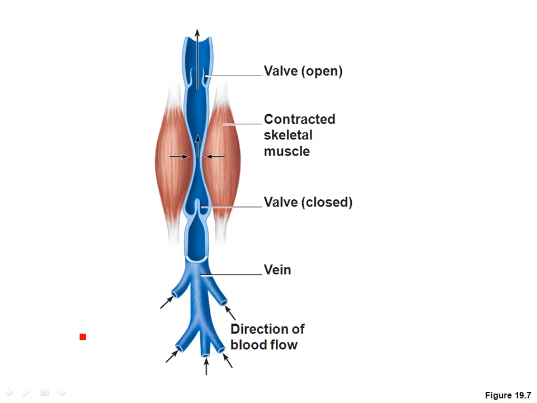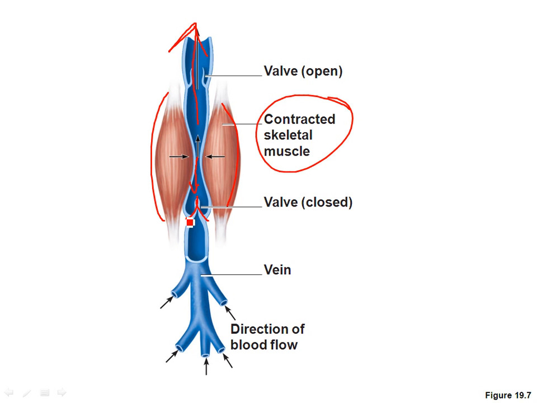Now here, of course, you have the muscles surrounding the vein, and you can see that the muscles have contracted. So when those muscles contract, it's squeezing on the vein. Now when the vein is squeezed, the blood is going to move in both directions. But of course, if the heart is up above this vessel, we don't want that blood to be pushed back downward. We don't want it to be able to go back down. It will actually be pushed downward a little bit, but as that blood is pushed down, it comes in contact with these valves.